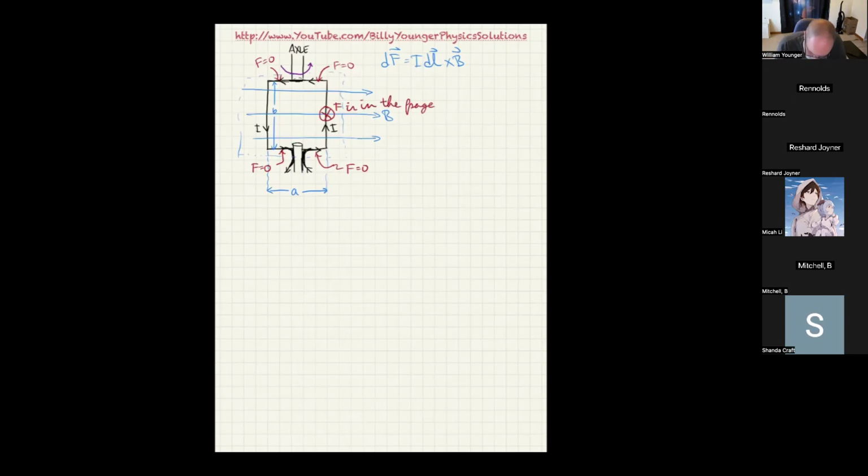Okay, what about over here on this part? I dL, B, and then F is your thumb. Y'all see that this one's going out of the page?